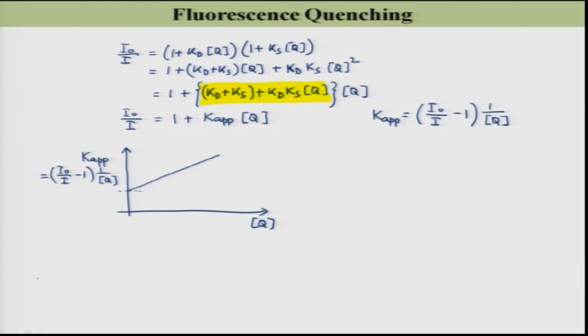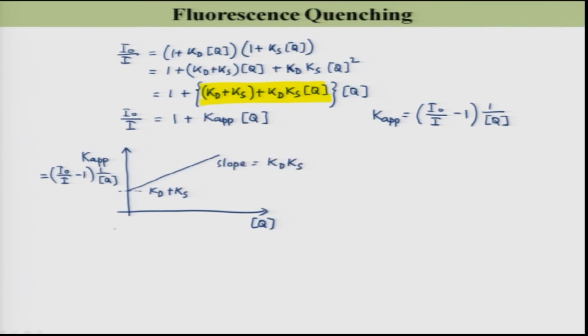So, if I plot K apparent versus Q, how am I going to calculate K apparent? I am going to calculate K apparent from the measured values of I0 and I. So, in case of K apparent versus Q, I will get such kind of equation where the intercept will be Kd plus Ks and the slope will be equal to Kd Ks.